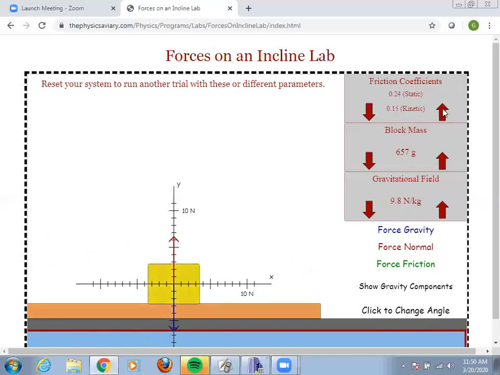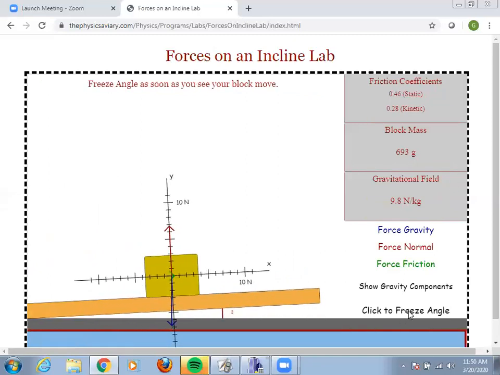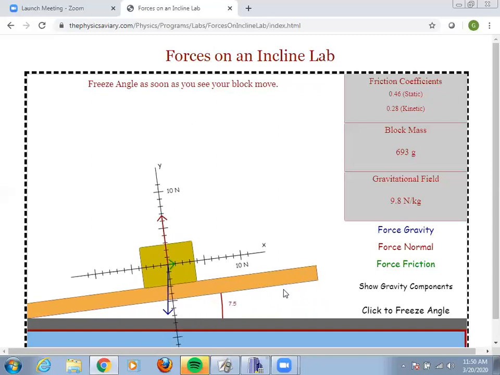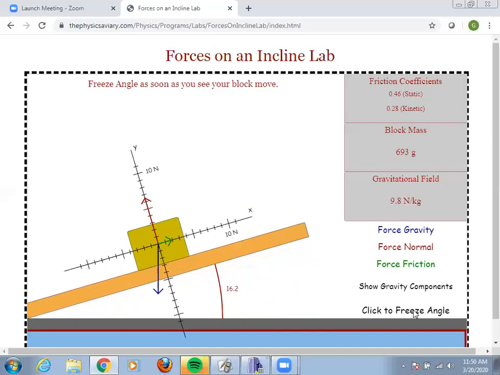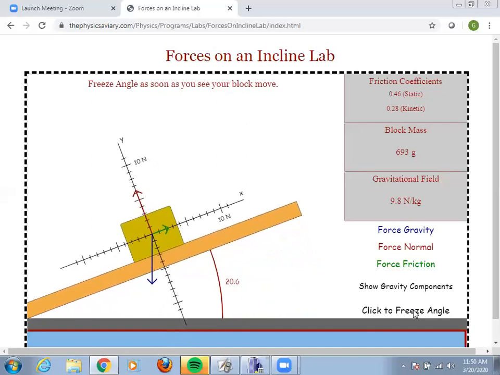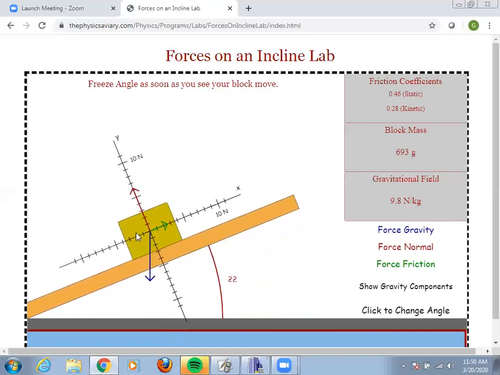If I play around here and make the friction a bit more, mass a bit more, you'll notice that the angle has to get a lot bigger before the block will move. Notice it's at 22 degrees, the block's not even moving.